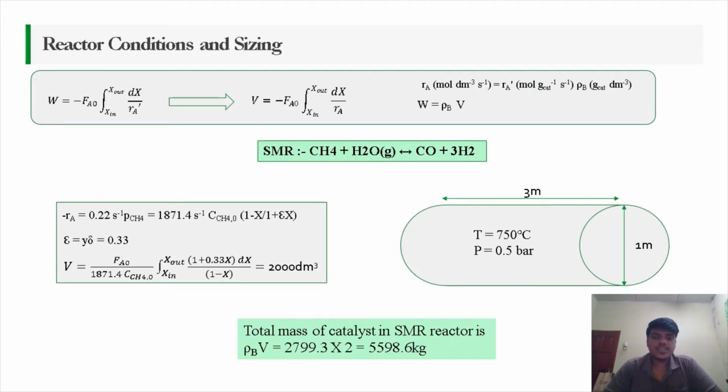The SMR reaction is also known to have methane cracking as one of its side reactions, which is eliminated by supplying steam in excess. And the pressure has to be maintained very low because, according to Le Chatelier's principle, the product has a higher mole compared to the reactant. So the pressure should be maintained lower so that the equilibrium is shifted to the right.